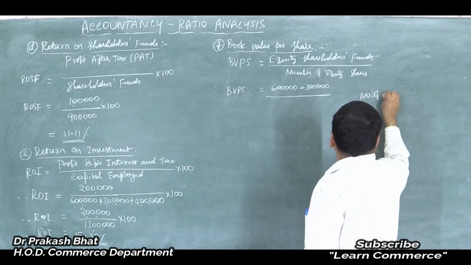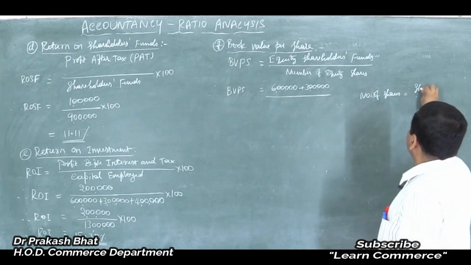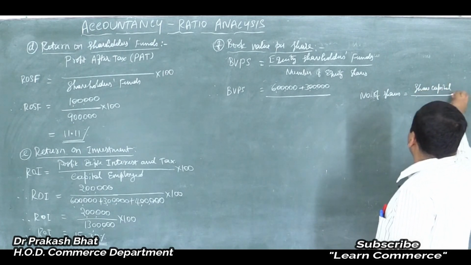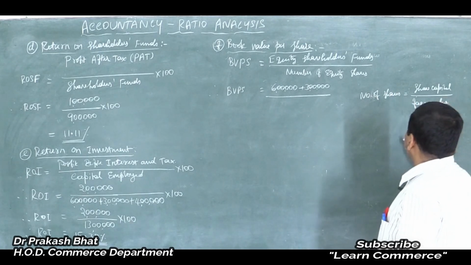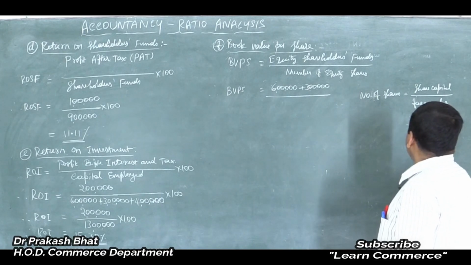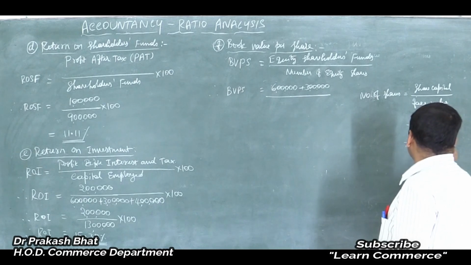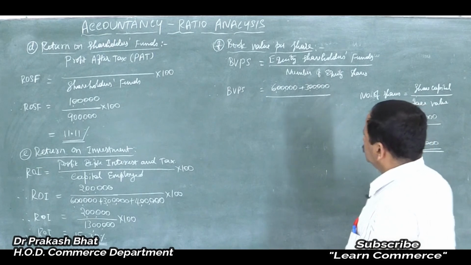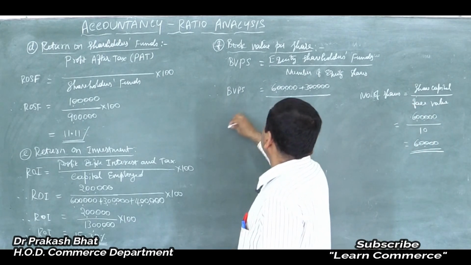Number of shares is equal to share capital divided by face value of the share, that is 6 lakh divided by 10, equal to 60,000 shares. Am I correct? Number of shares are 60,000.